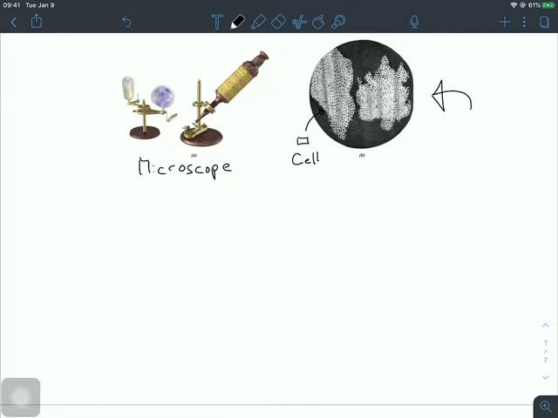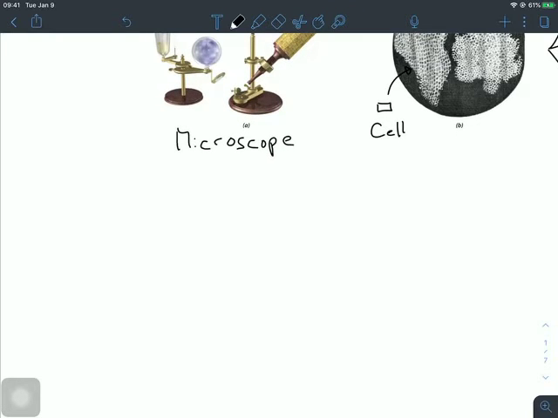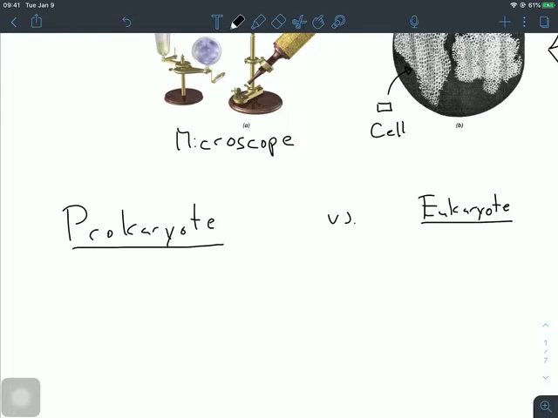So our next two terms regard the different types of cells that we will encounter in life and to some degree in this class. Those are our prokaryotes versus our eukaryotes. To understand what these terms mean, we have to dig into our Greek roots. The root pro means before.